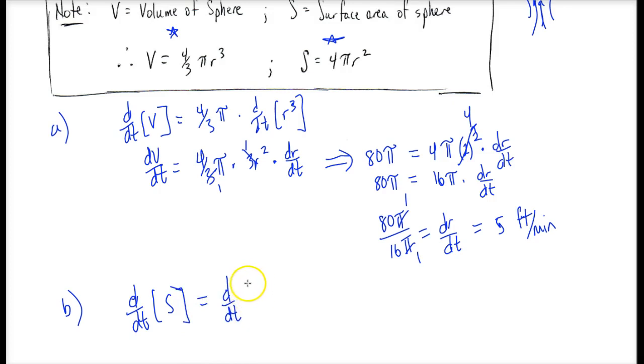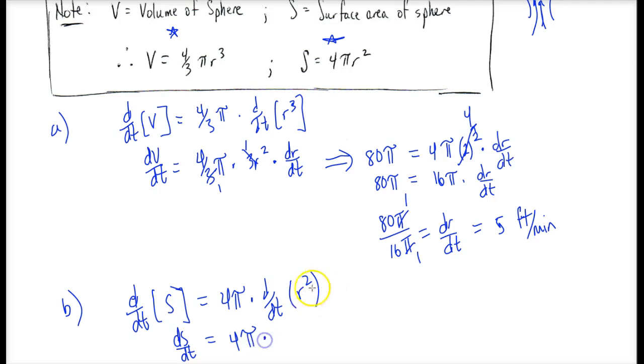Since we have that constant 4 pi that we can ignore, we'll just take the derivative of the r squared part. Here we know that this is just ds over dt.